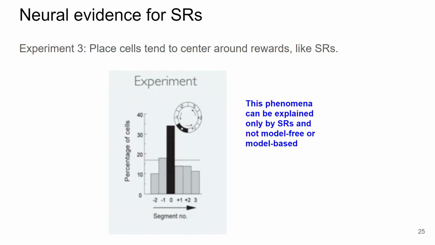So if it's model free, then whatever your reward is, that place cell. So what we are essentially trying to figure out is how we are encoding the state space.